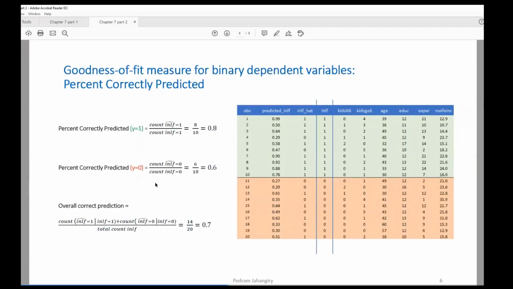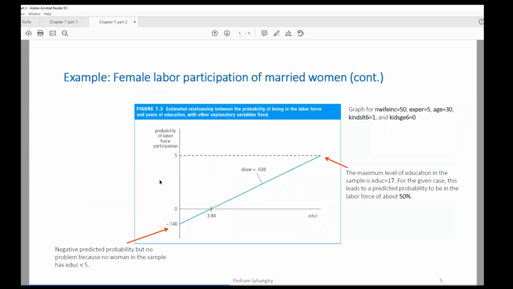Okay. So let's see what the goodness of fit is for these models. R-square is not a good measure for goodness of fit anymore, or even adjusted R-square. This doesn't make sense because we are talking about all zeros and ones.